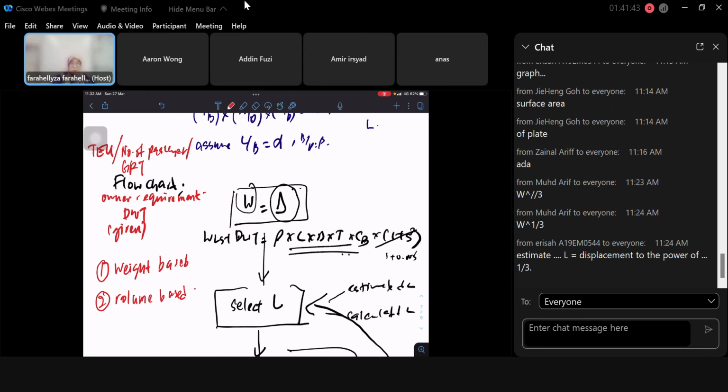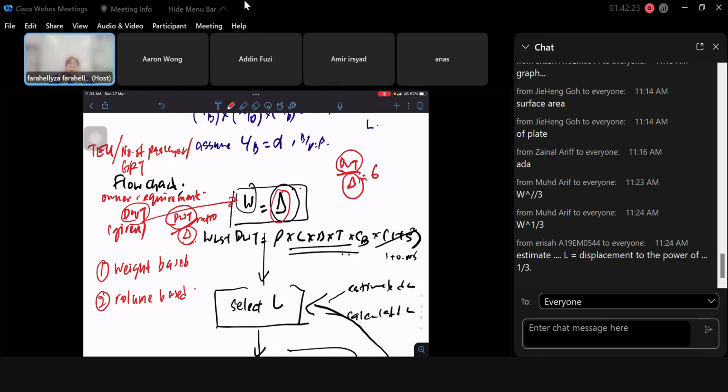So for weight based, DWT is directly given. Or you can also get this value based on the DWT over displacement ratio. Maybe for some it's 6, I'm not sure, this depends on the type of ship. So with this DWT you can get the required displacement.